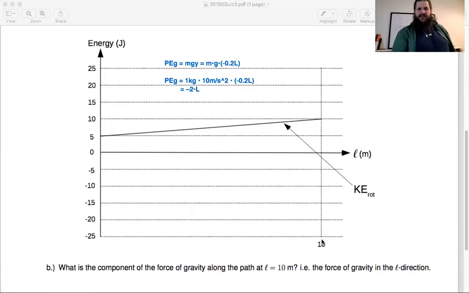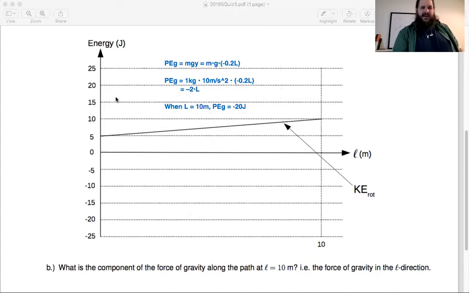When L is 10, what should potential energy of gravity equal? Negative 20. Yeah, when L equals 10 meters, potential energy of gravity equals negative 20 joules, because it's just negative 2 times that distance traveled.